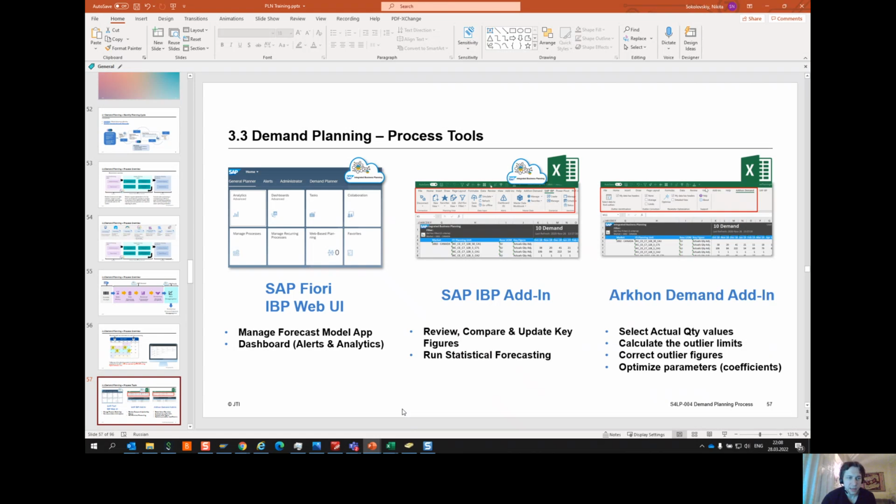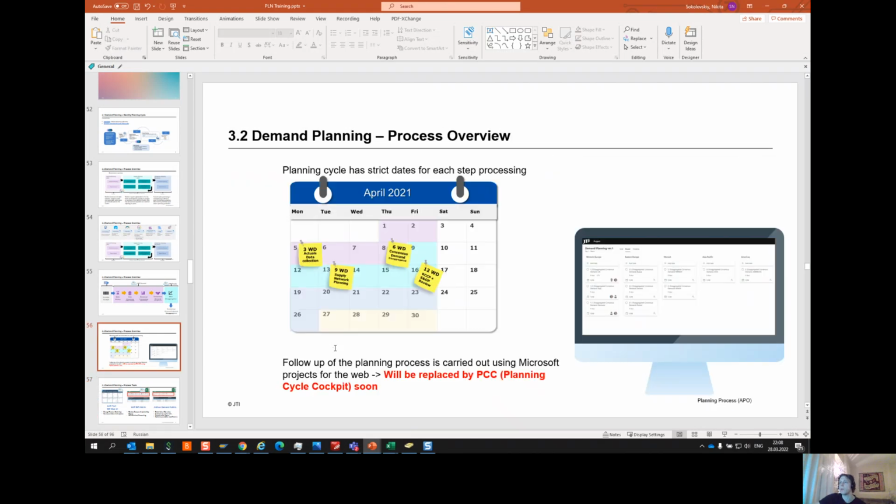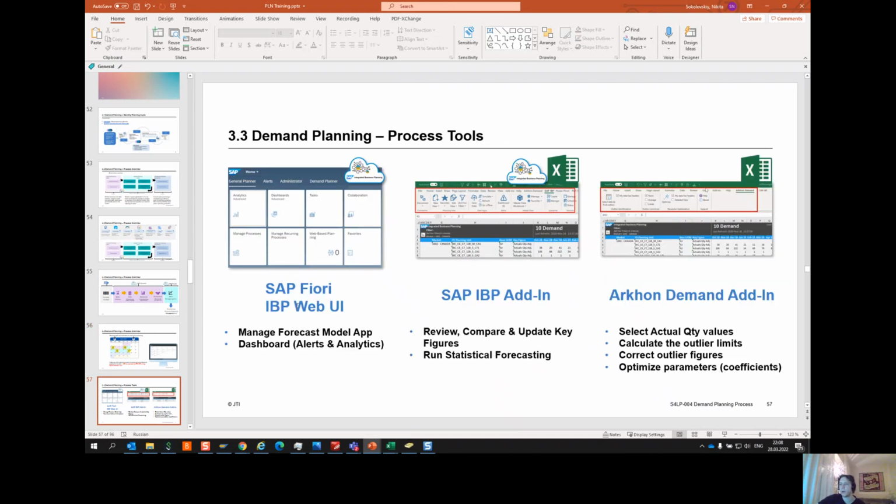Apart from the communicators, what are the main tools that planners use? Obviously the IBP web user interface, which is usually used for forecasting and analytics, but it's very rare that we receive incidents for this part of the process.